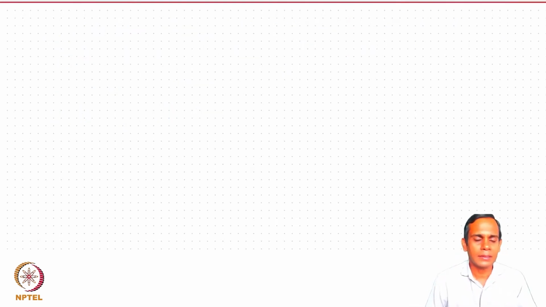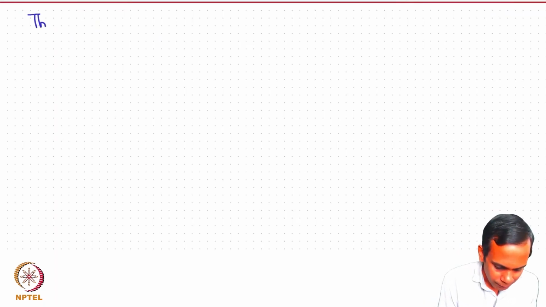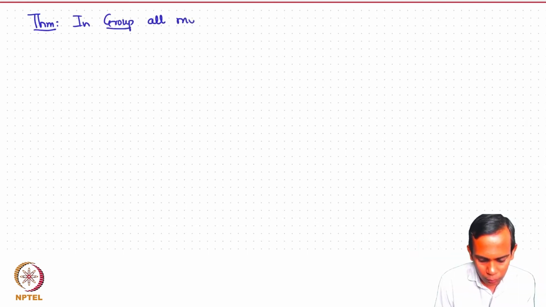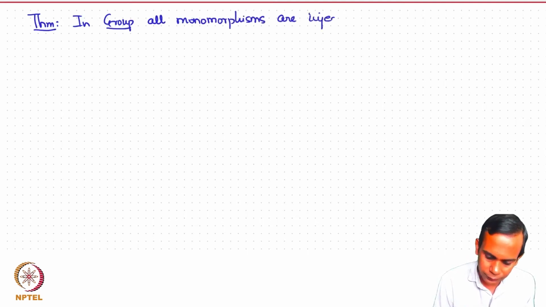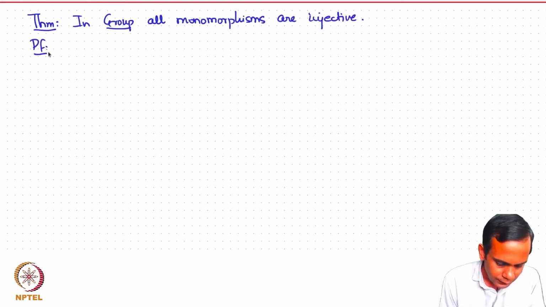There are categories where all monomorphisms are injective. Here's an example of such a thing. Theorem: in the category of groups, which I denote Group, all monomorphisms are injective. Let's try to prove this.